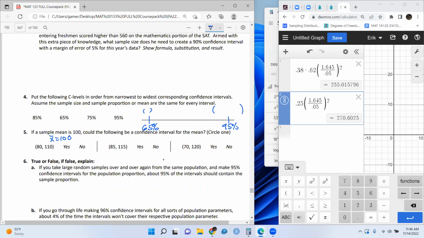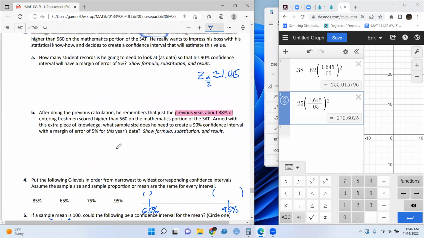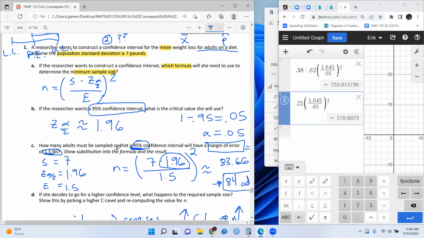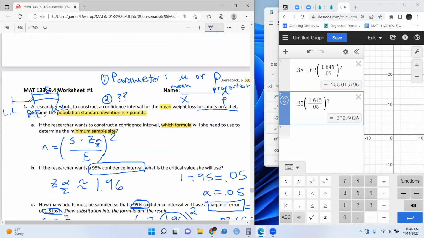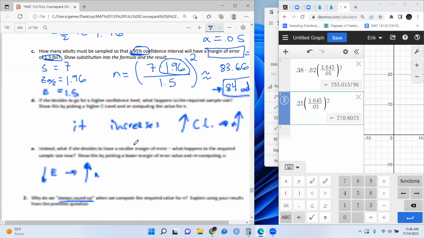Where is it at, relative to the upper and lower limits? Let me see, if I go up here, there's a picture. It's like the mean, it's right in the middle. It is exactly the middle. Excellent.